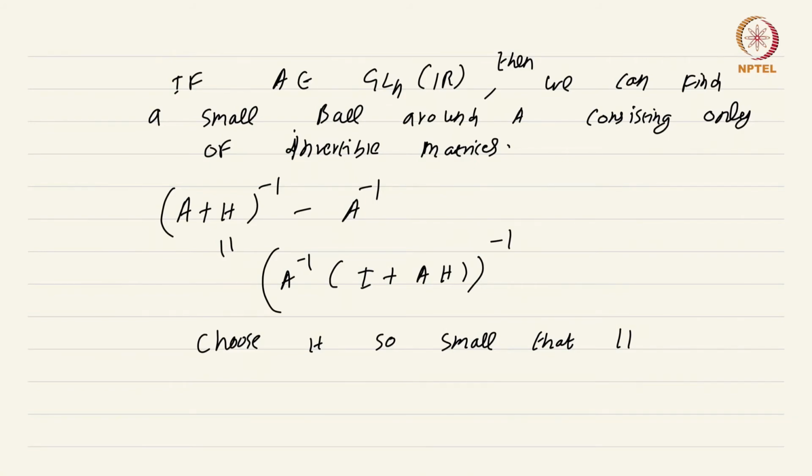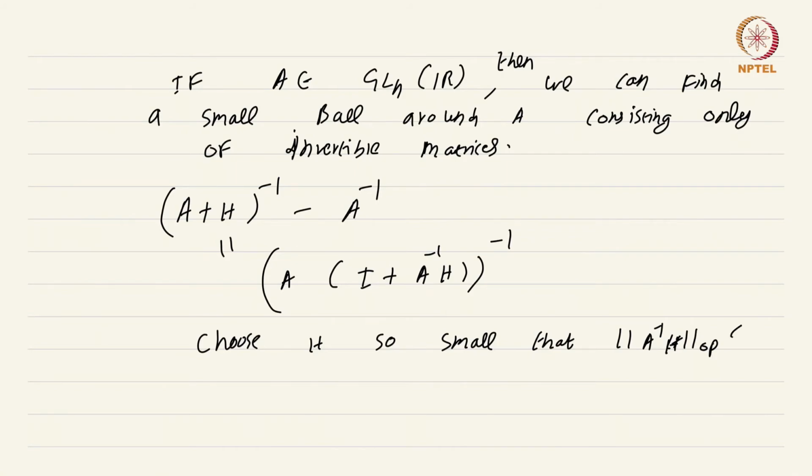This is A(I + A^{-1}H) inverted. I completely reversed what I wanted to write. This is A into (I + A^{-1}H), so choose H so small that the operator norm of A^{-1}H is less than 1.